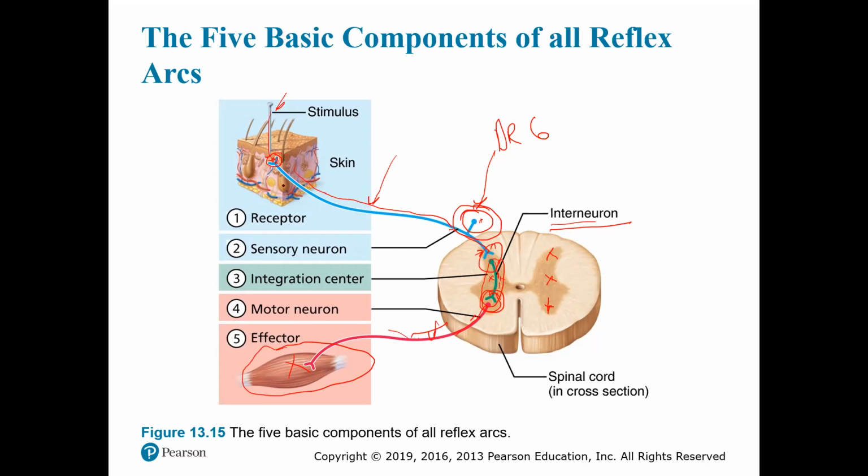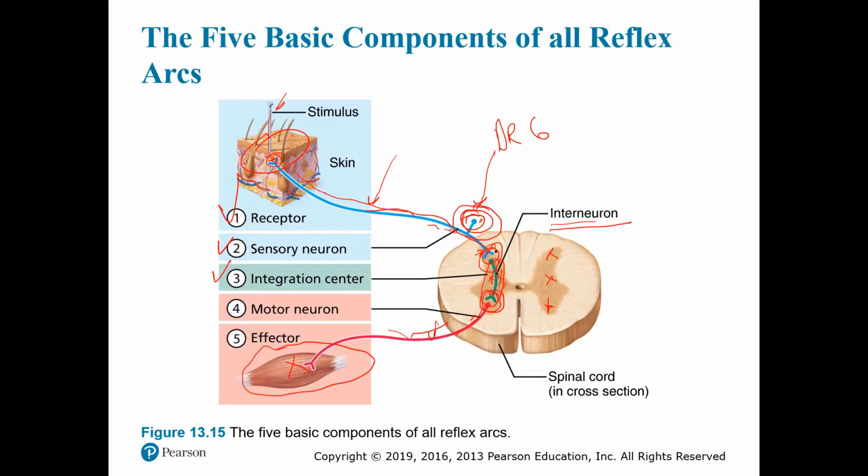So it involves all the parts, right? Your receptor, the sensory neuron, which is unipolar with its cell body in the dorsal root ganglion, entering the dorsal horn of the gray matter. You have your interneuron in the integration center, which is the lateral gray horn of the gray matter of the spinal cord.